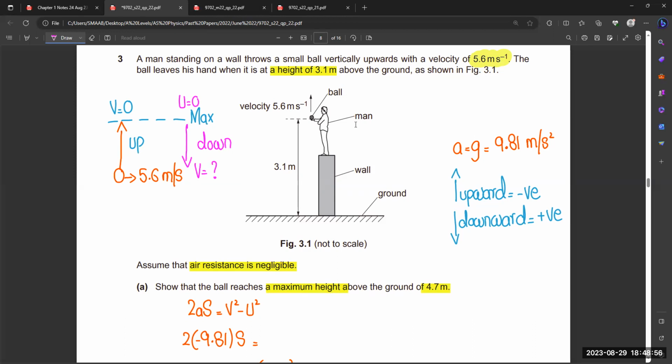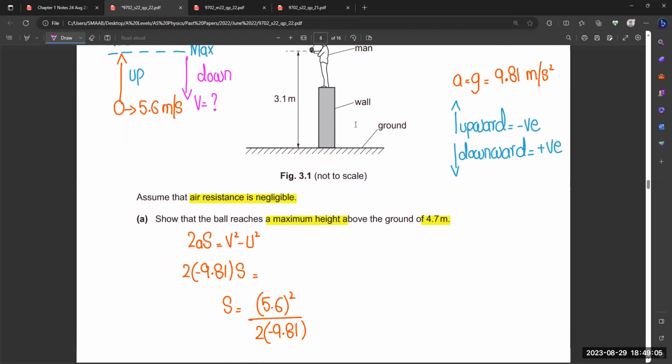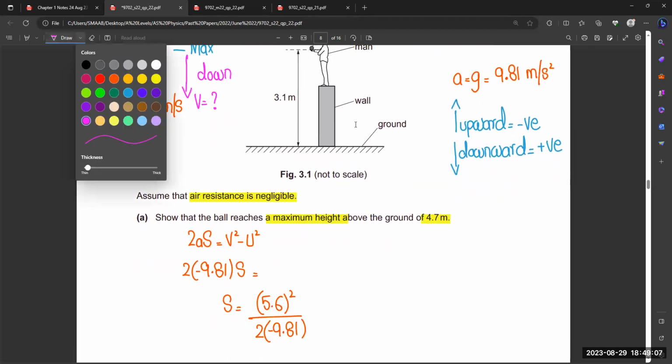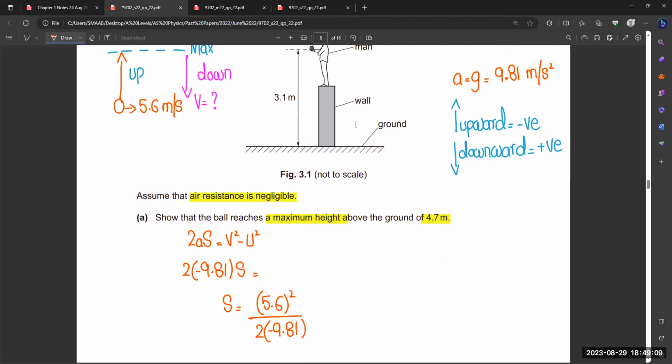Now just split the upward from the downward. So when we are talking about only downward motion, we start from zero and reach some point. So in this equation, we need to write like this. Here, final velocity will be equal to zero. Initial velocity is 5.6.